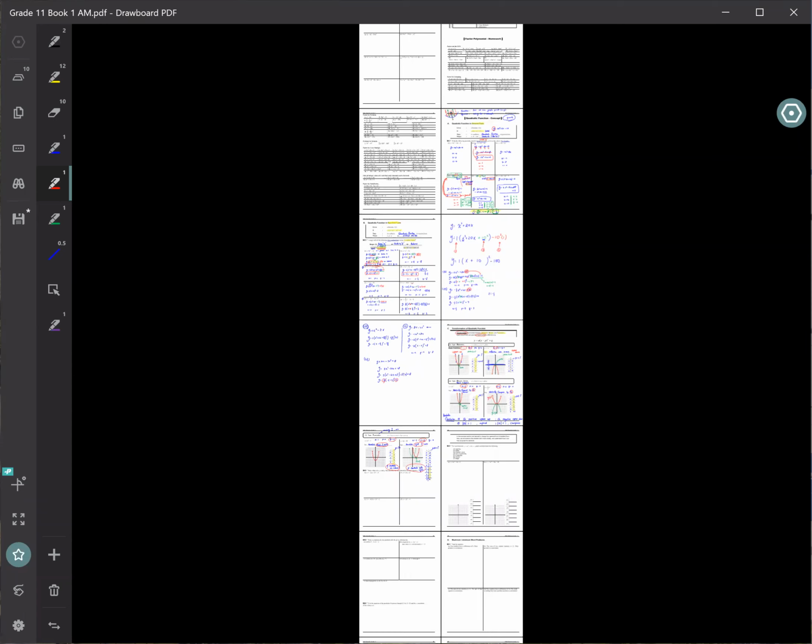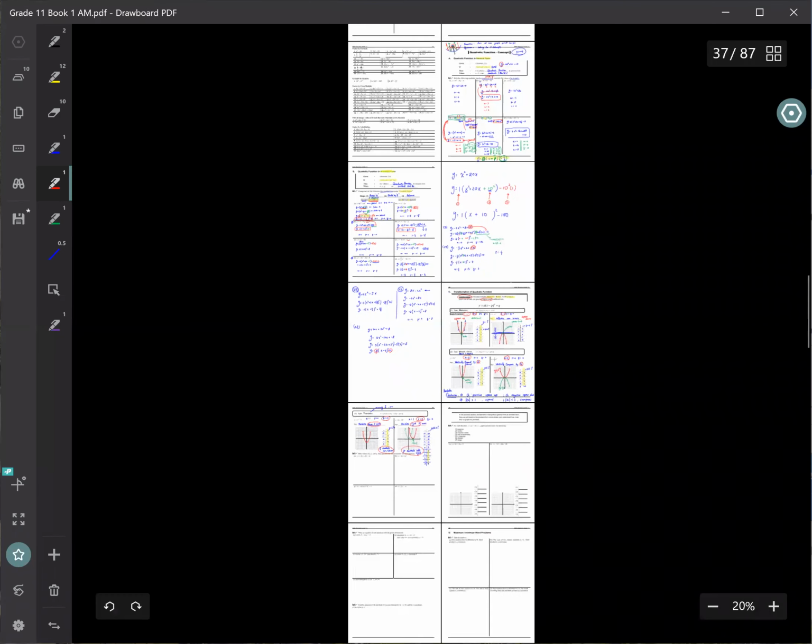A positive, what happens? A negative, what happens? Absolute value of A greater than 1, absolute value of A less than 1. And then P controls which way? Q controls which way?